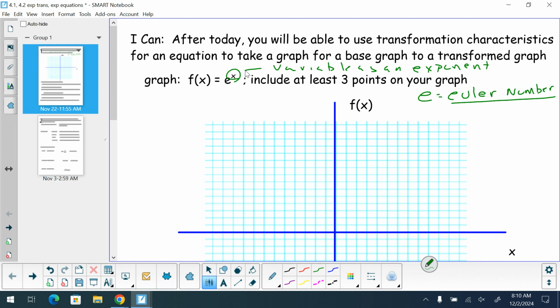Now, we're American, we're hooked on phonics. We want to say, well, this is Euler's number because EU will give us Euler. But if you're over in Germany or in Europe, that would be an Euler idea. So this is spelled E-U-L-E-R, pronounced Euler's number. It is a constant just like the value of pi.